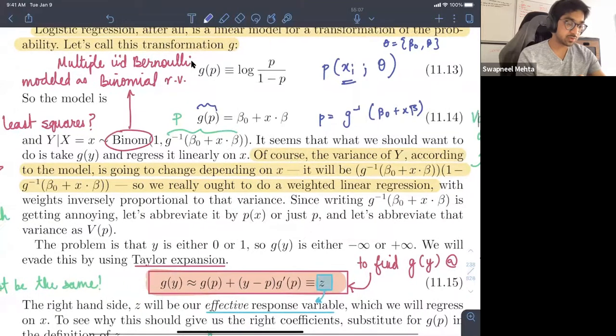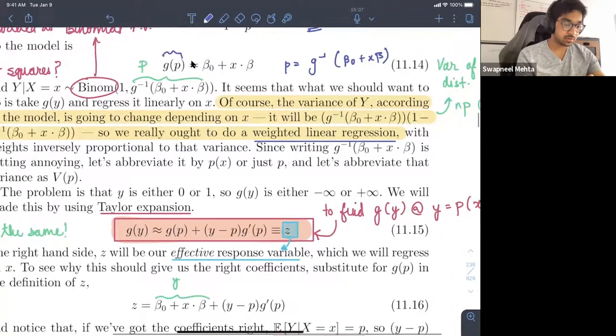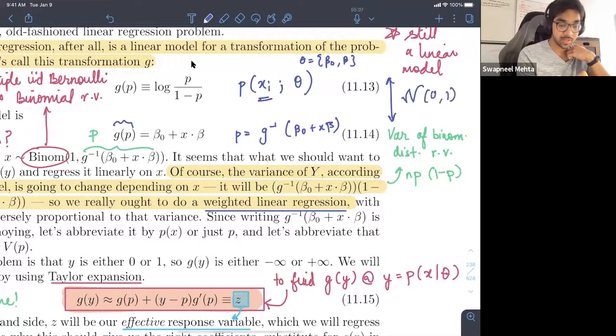Which means we have to do a weighted least squares like we saw in one of the previous chapters. For those who missed those, we haven't gone through chapters 8, 9, 10, but the idea was that in regular linear regression you make this assumption of fixed variance noise throughout your data set, where you say my noise is drawn from a normal 0, 1. But what if your noise is a function of x?